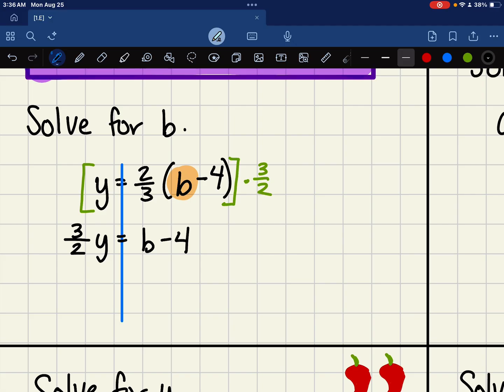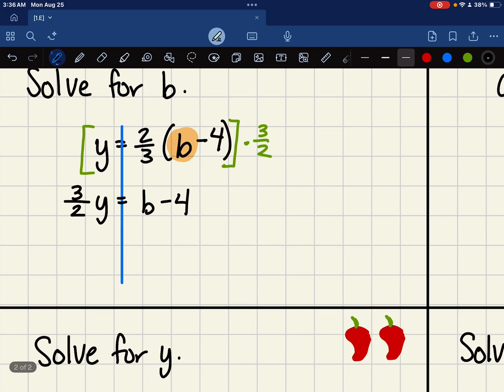All right, and then if I'm using my inverse operations to undo subtraction, I'm going to add 4 to each side of the equation. Now, the 4 and the y can't actually combine because one has a variable and one doesn't.